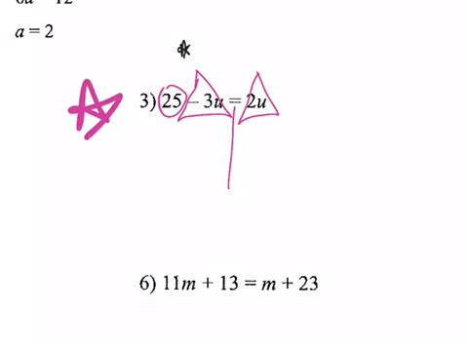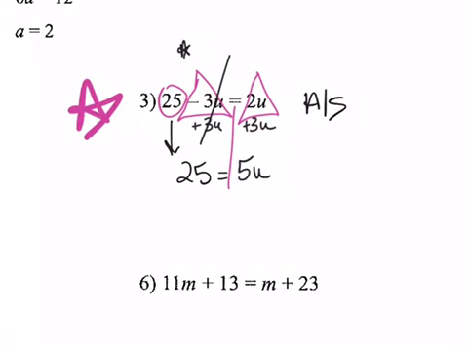So how do we get rid of negative 3u? Add it, or change it to positive. So plus 3u. That way I can cancel it out on this side. Then 2 plus 3, 5. And then bring everything else down. So I added or subtracted first.